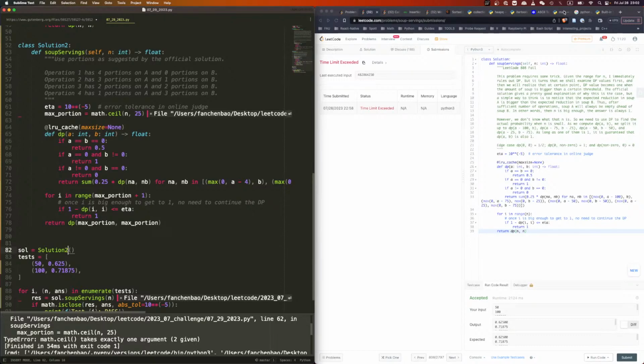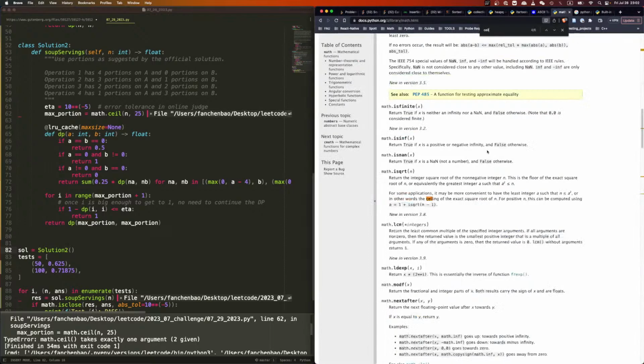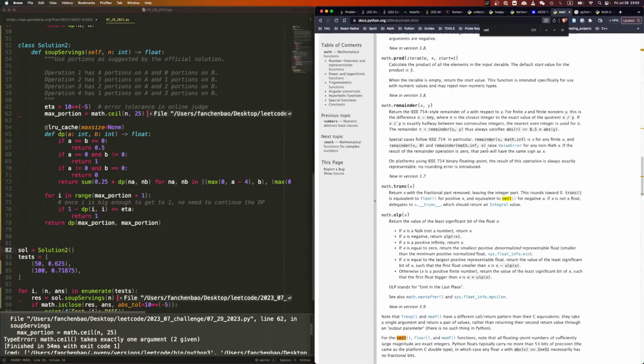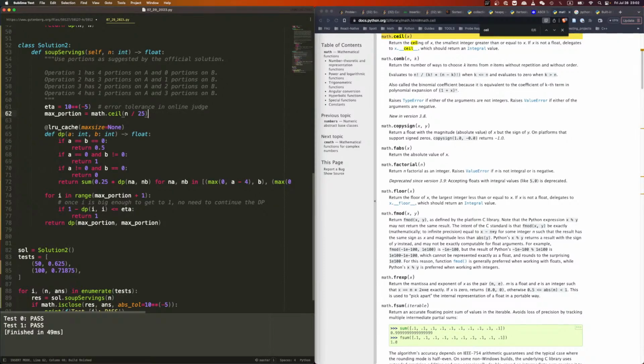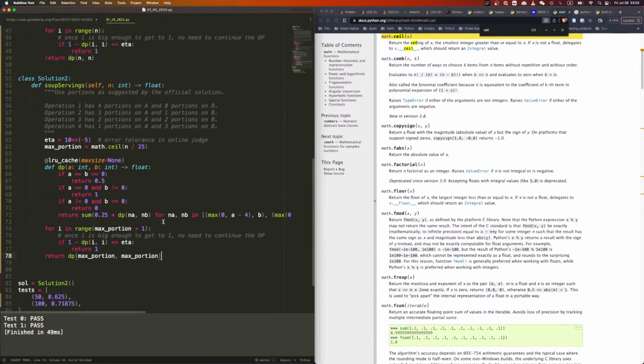Wait, hold on. How do you do math dot ceiling? Oh, something divided by something. My bad. So these two is right.